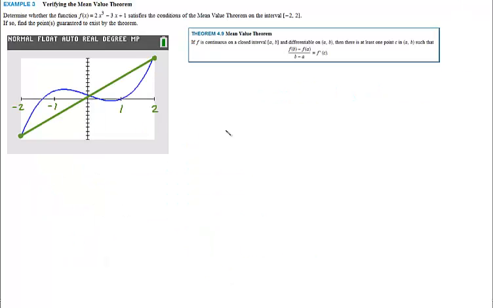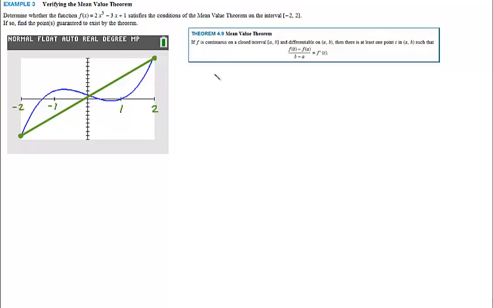I plotted for you with my calculator this function on the interval -2 to 2, and the y's are on a scale of 1 point each. I'm supposed to verify using the mean value theorem that we have an occurrence of this particular case. Alright, let's do it. f is continuous on a closed interval ab.